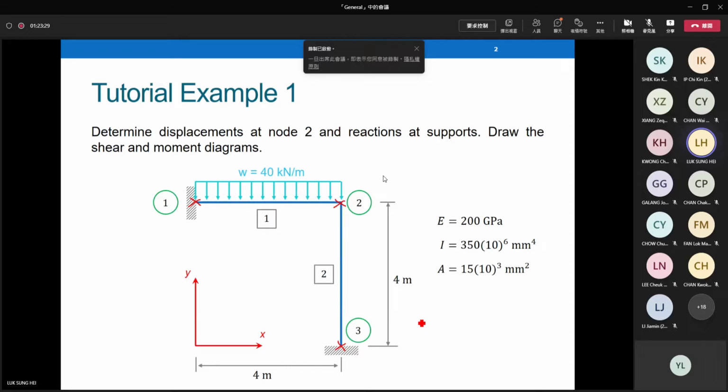At the same time, you may try to take a look at the pattern of the force displacement relationship. Try to identify which part is useful, which part is useless in the stiffness matrix. I give you some time to think about the solutions, and then we will go through together.